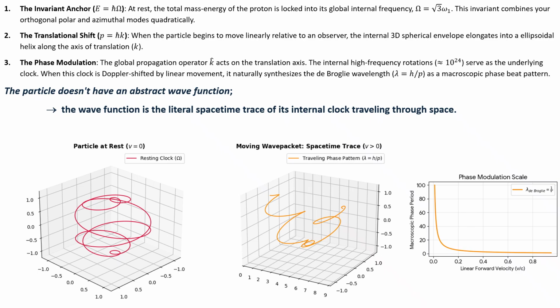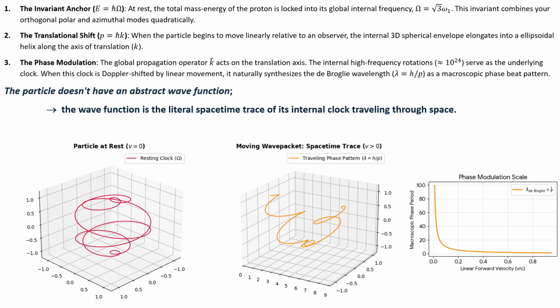It stretches into a very complicated helix, which becomes ellipsoidal, and that's where the famous de Broglie wavelength comes in. It introduces a phase beat pattern on top of the invariant clock, a macroscopic phase. We'll come back to that.